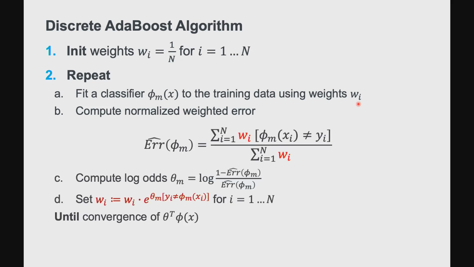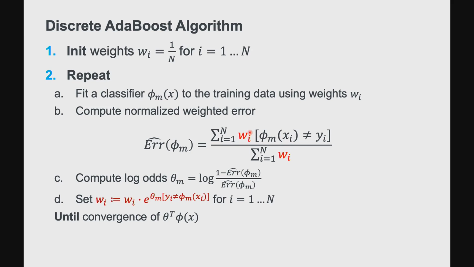We can compute the normalized weighted error. So what is the error for the current feature function that we have in step m? It's simply the error that I showed you before: how often do we misclassify something? But before, we simply aggregated these errors and divided by n, with n being the number of samples. Now we don't divide by n, but we multiply each error with its importance w_i.